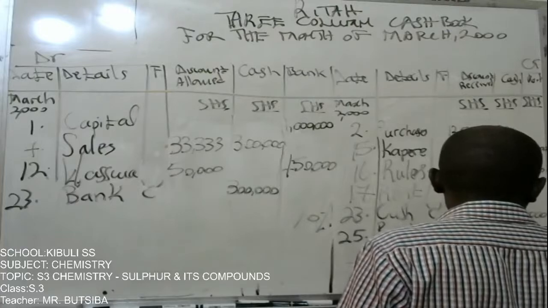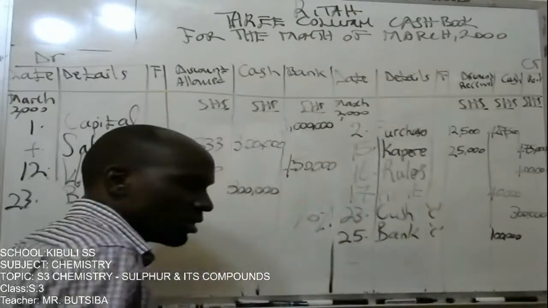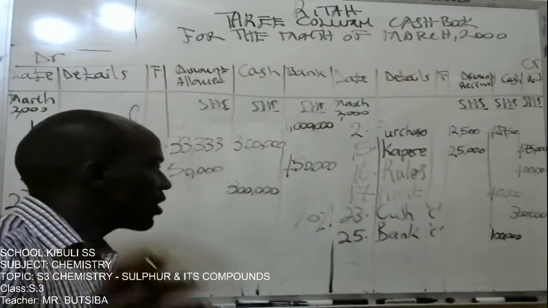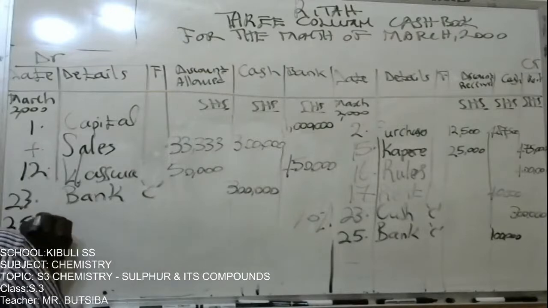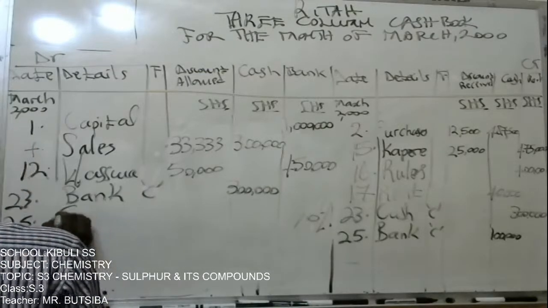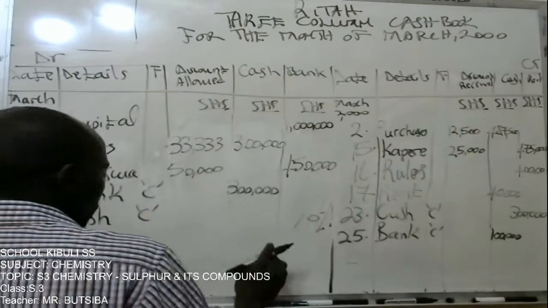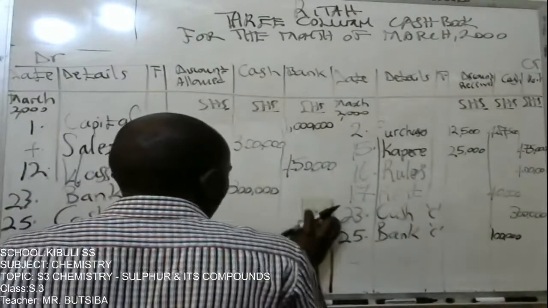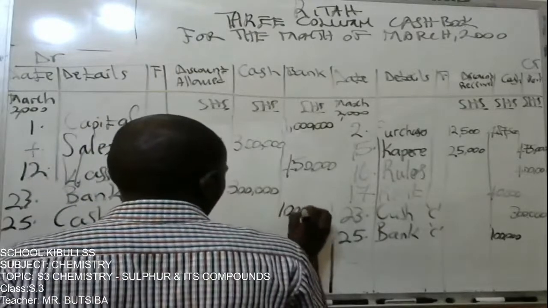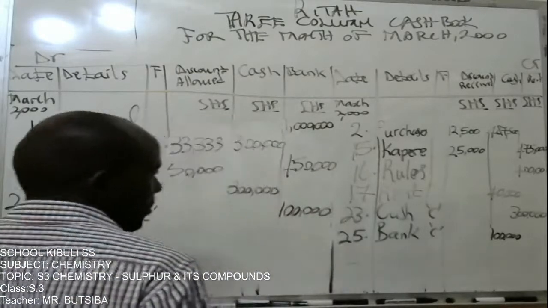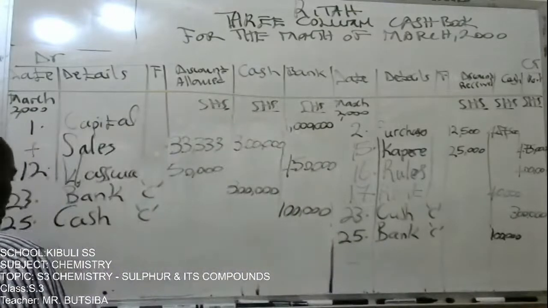You write 100,000 in the cash column. Then you move to the debit side to show that now bank is gaining from cash, still a contra entry, and record 100,000 in the bank column.